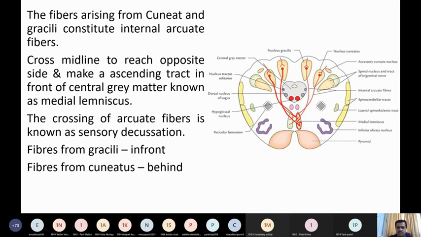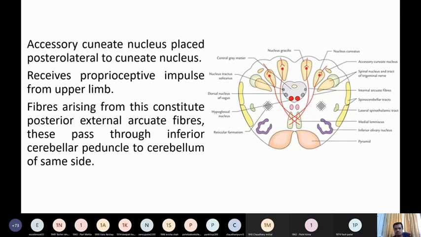This is how the fibers are arranged after crossing over. Clear? That much is related to sensory decussation, a characteristic feature of the medulla oblongata in the upper closed part.